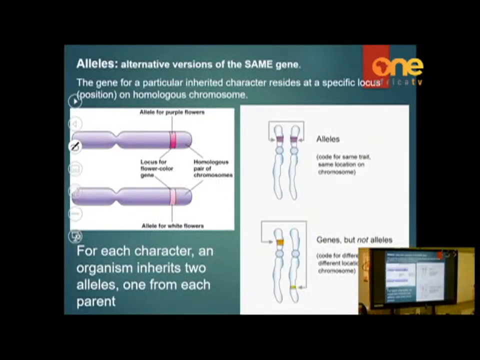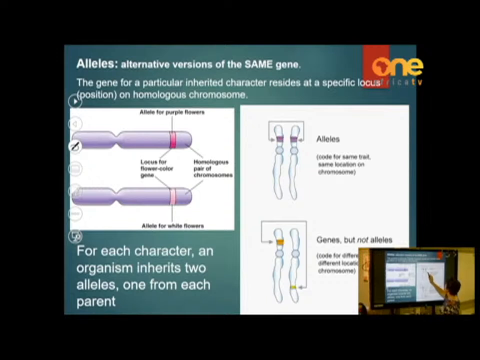So, alleles, alternative versions of the same gene. The gene for a particular inherited characteristic resides at a specific locus or position on the homologous chromosome. So, if I look at this picture, this will be called alleles.